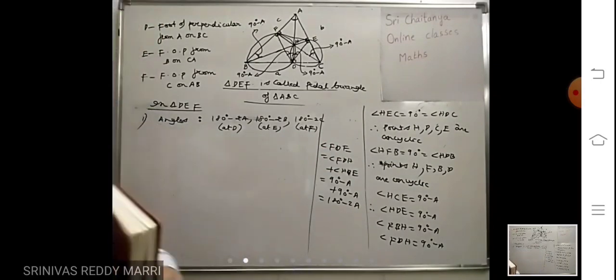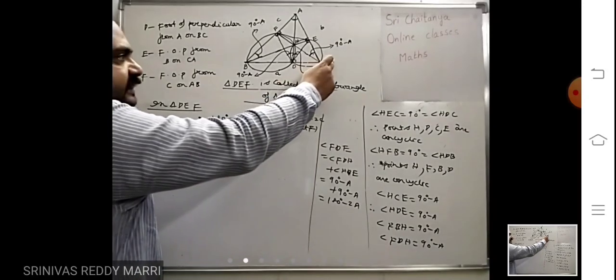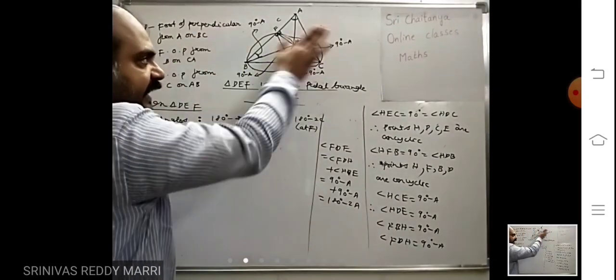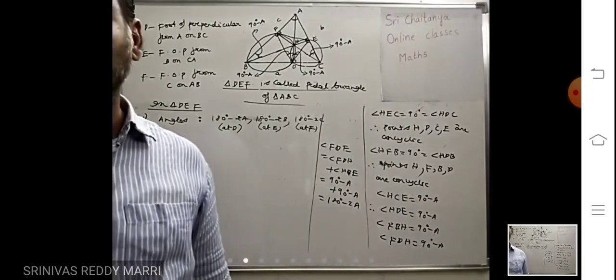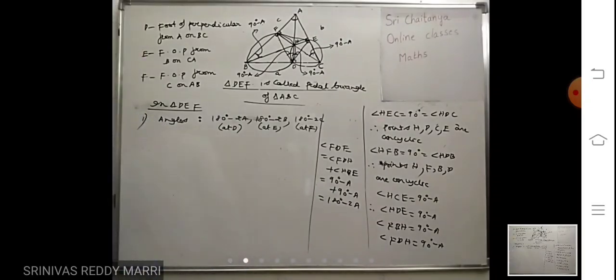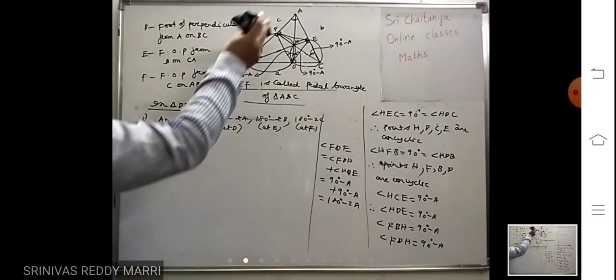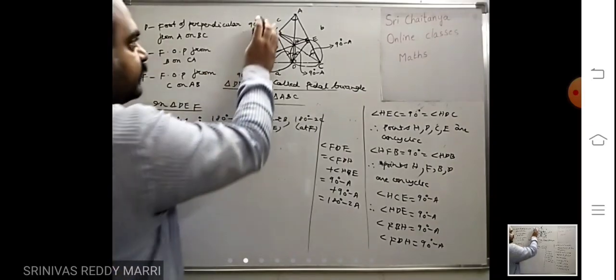Have you drawn this diagram? I am rubbing it and drawing again. There is no need of circles and all those things. Those circles were drawn just to show you the angles. Look here, I am drawing the diagram once again.